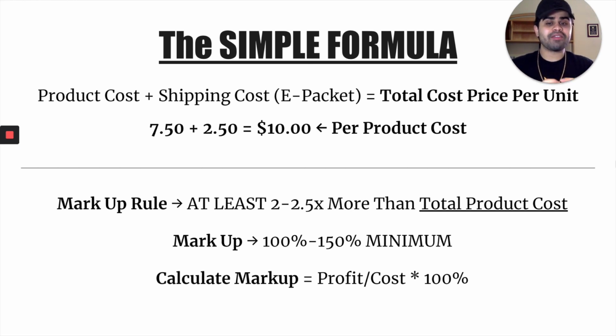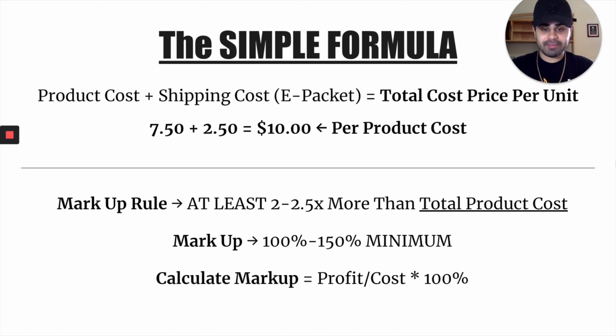So if the product is costing you $10 in this case, you want to be able to sell it for at least $20 to $25 at the minimum. That's just how the dropshipping model works in order for you to be profitable or just somewhat gain traction, because remember, you're going to have cost of goods.